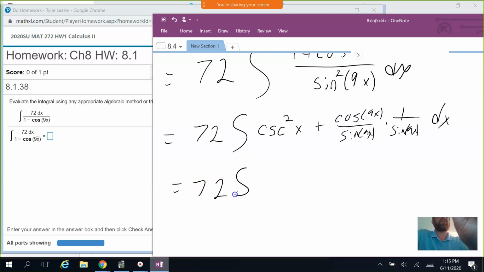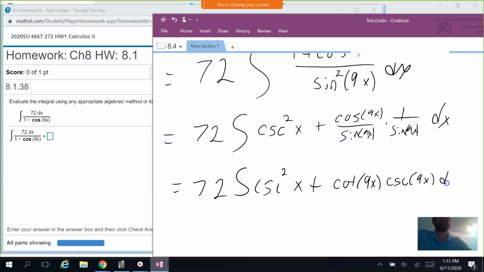The reason we do that is that now we can use the reciprocal and quotient properties. Cosine 9x over sine 9x is cotangent 9x. 1 over sine is cosecant of 9x. Oh, these are supposed to be 9x's, and the cosecant out front here too. Sorry about that.